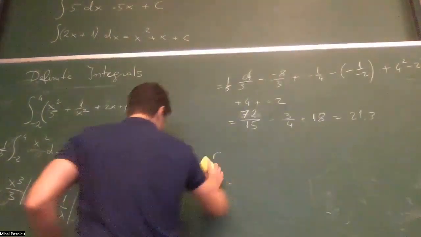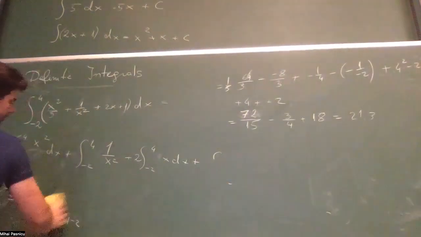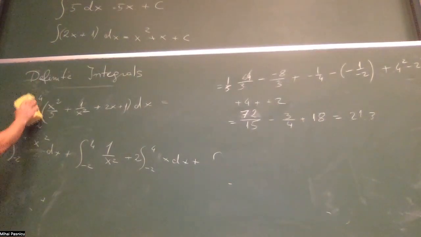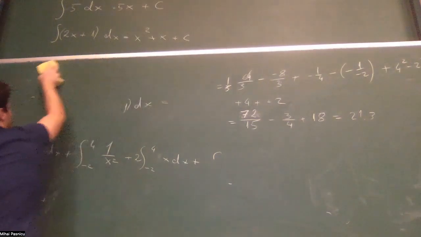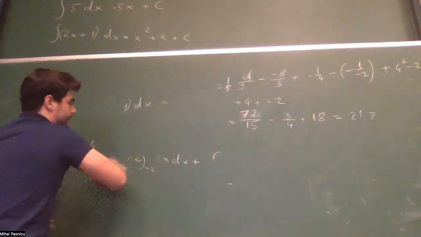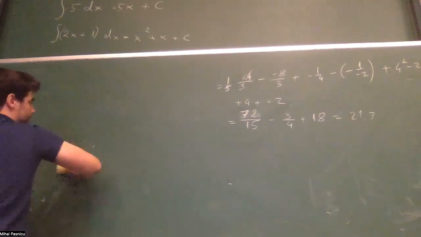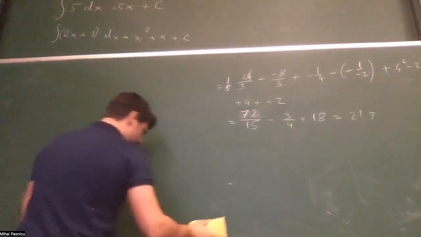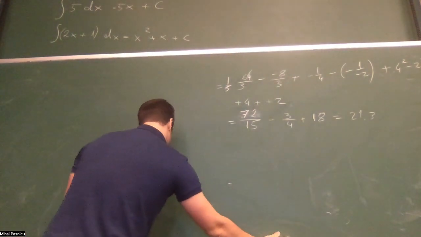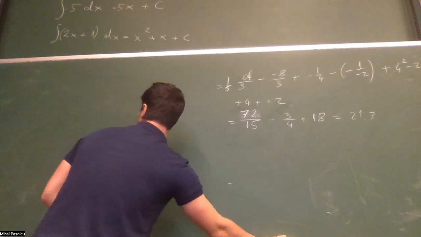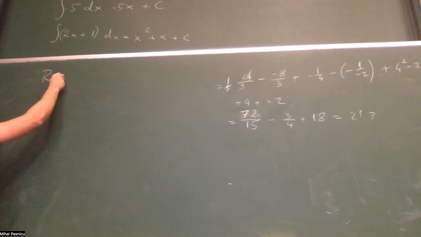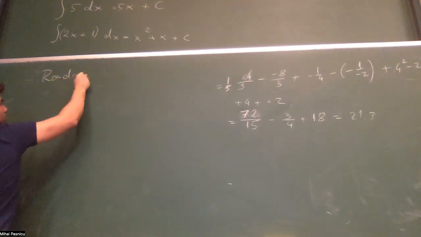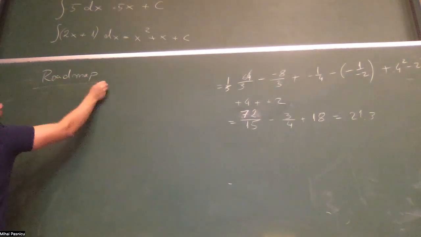Now, let me show you where we are on the roadmap of integrals. You don't even need to write this necessarily, but you can if you want, because I'm not gonna teach you anything new in what I write here.